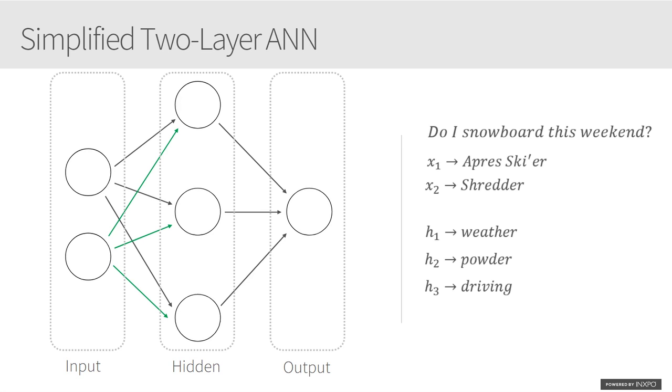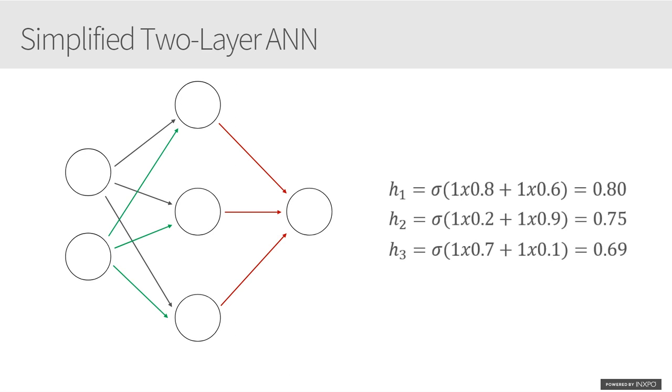In the hidden layer, I'll be taking into account things like the weather, powder, and drive. So I'm taking that same scenario, but instead of applying it at the neuron level, I'm going to apply it at the network level, which is how we really should be looking at artificial neural networks in the first place. The formulation starts off with our input.